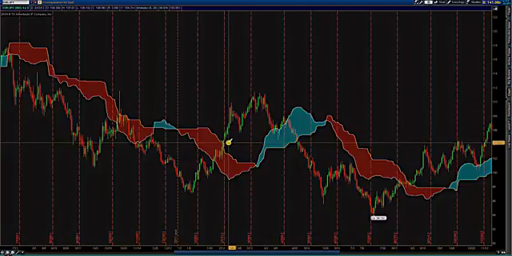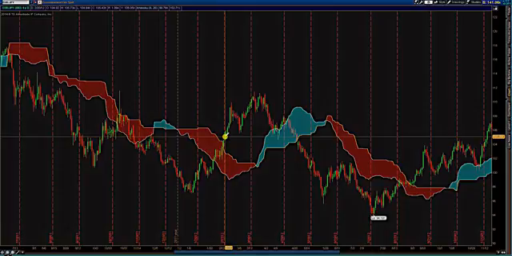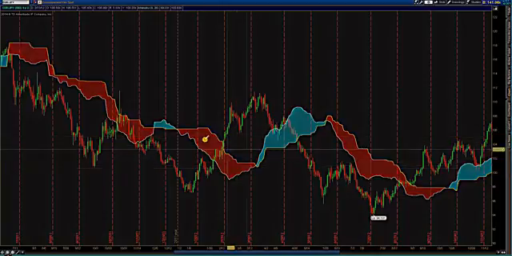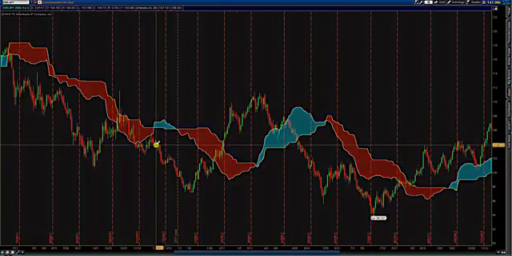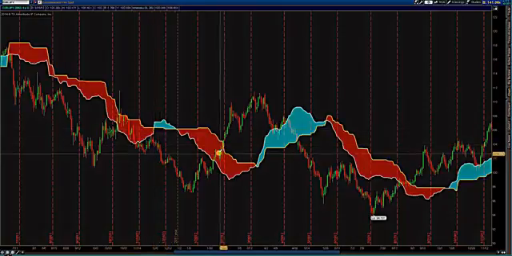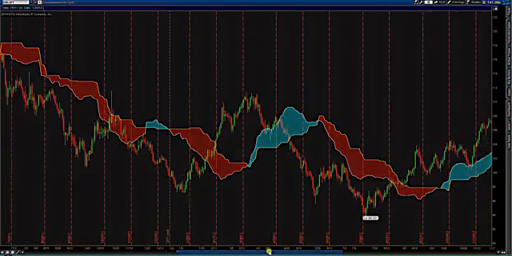In this case, if price is trading above the cloud, we are looking at a bullish sentiment, and we are looking to go long the pair. If price is trading below the cloud, we are in a bearish sentiment, and we should be looking to short the pair.